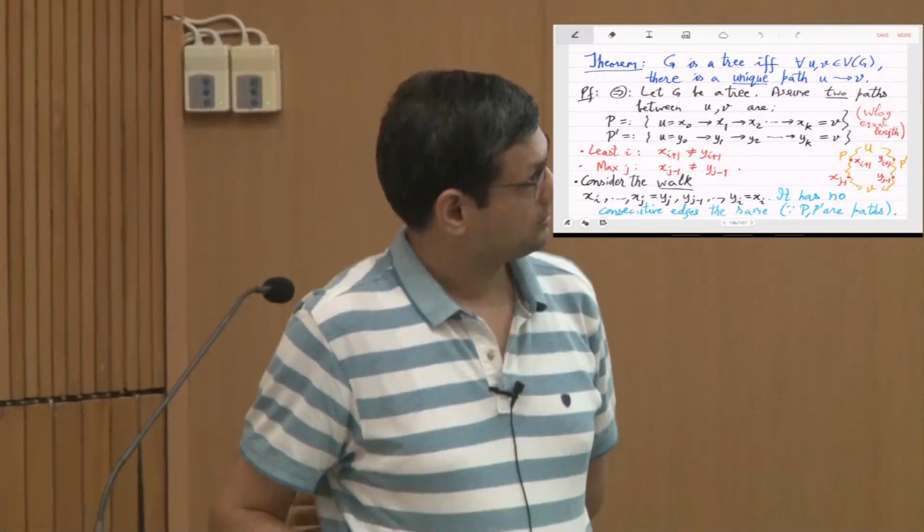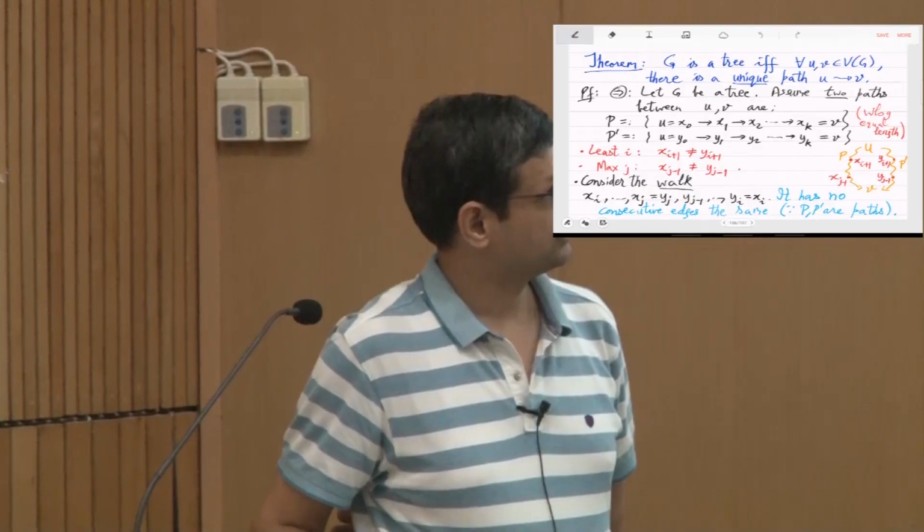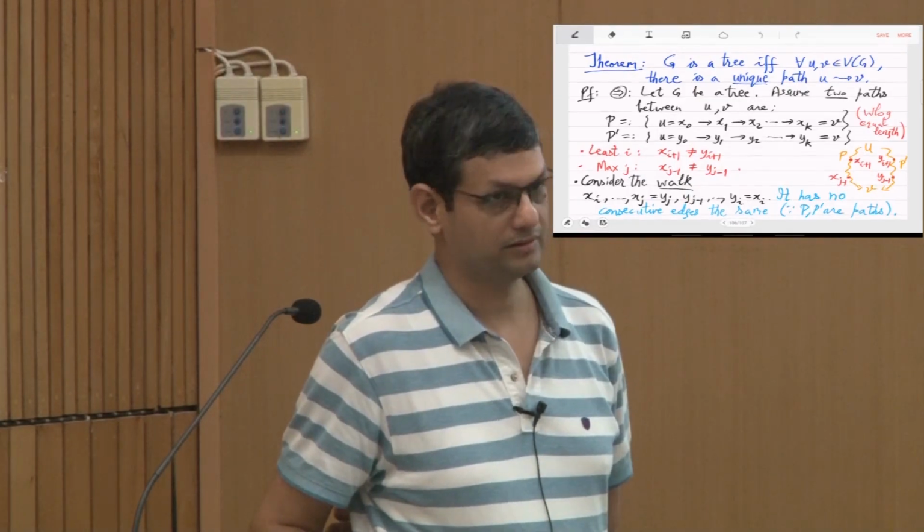Okay. So in that case, your xi plus 1 will be V, you are saying. There will be no i plus 1, j minus 1. Yeah, so that case you can treat separately, can't you?